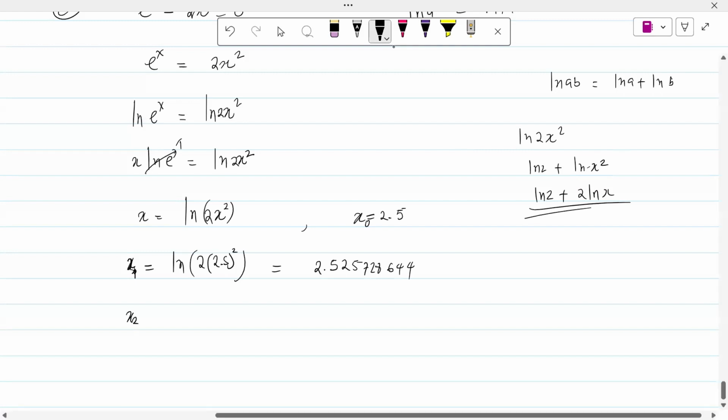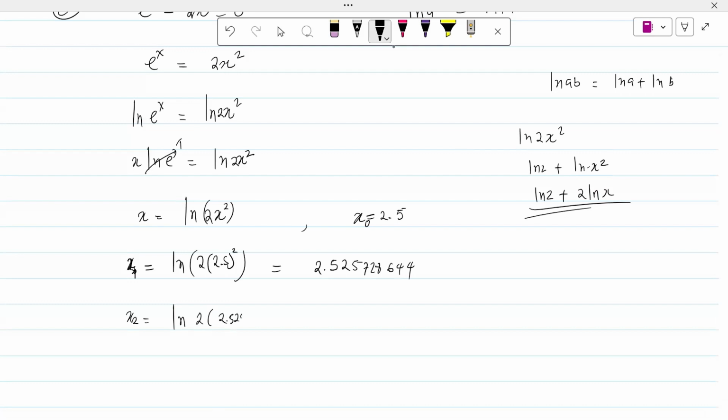So what is our x2? We take natural log of 2 times 2.5728644 squared. So this is equal to what?